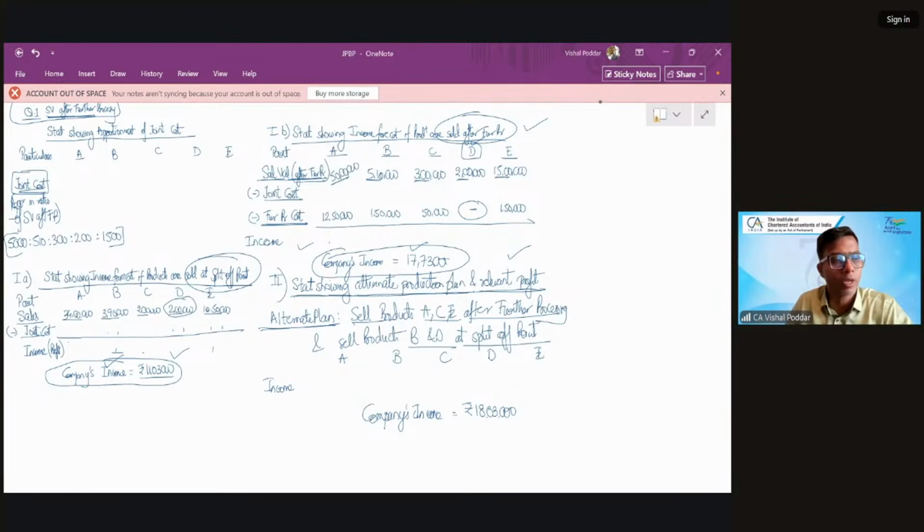You all can solve. Ratio is sales value after further processing. Very good, Medha, Jaya. Good.